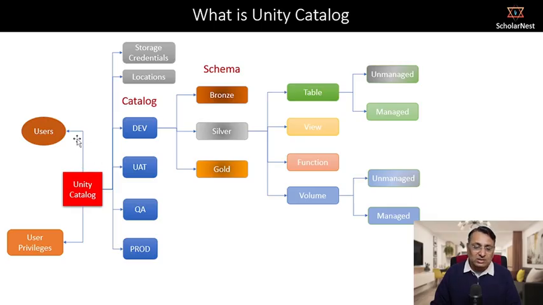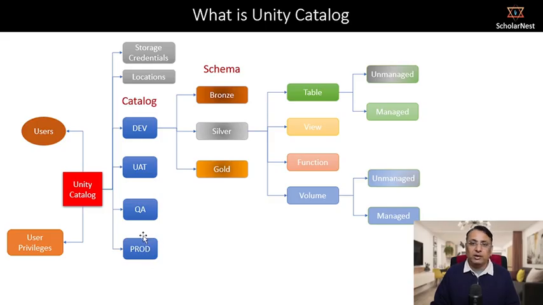So once users are there in the Unity Catalog meta store, you can also grant different kinds of privileges, and all those privileges are also stored in the Unity Catalog meta store. So Unity Catalog is a complete solution for metadata management, for user management, for access management, fine-grained access control. Everything is done through the Unity Catalog for your entire project, for all your environments.